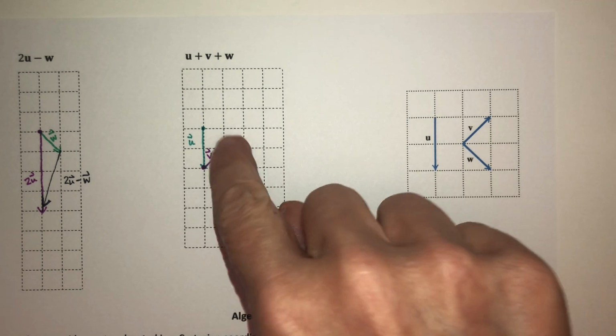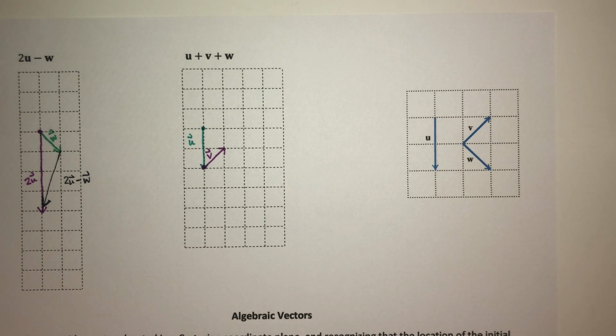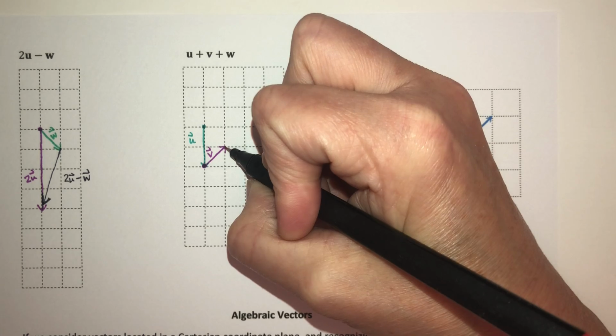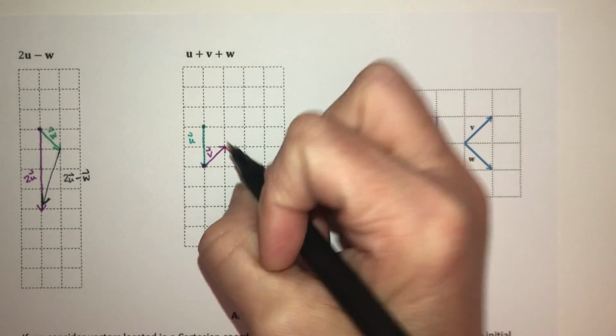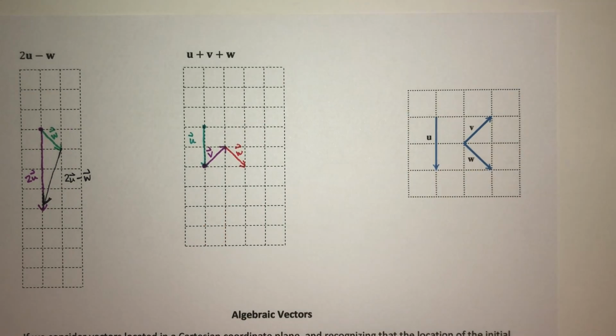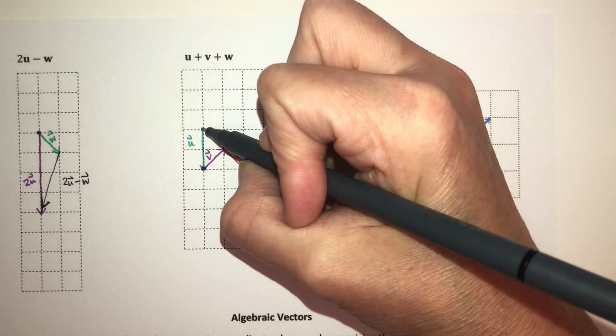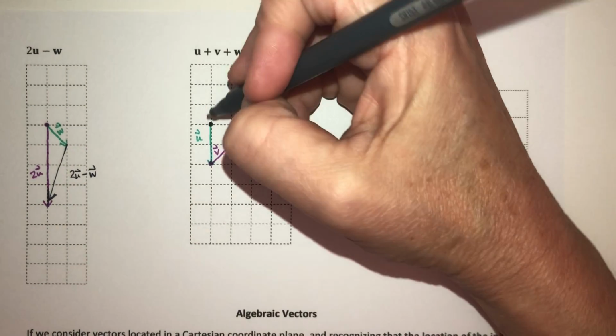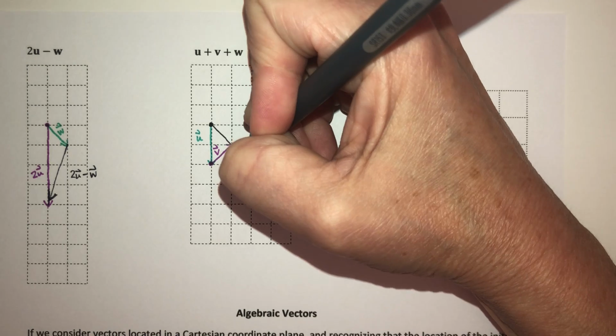Okay, and then from here, I need to draw in w, which goes down here. Okay, so what is your answer? This is where you started. After all your forces acted on everything, you end up with this.